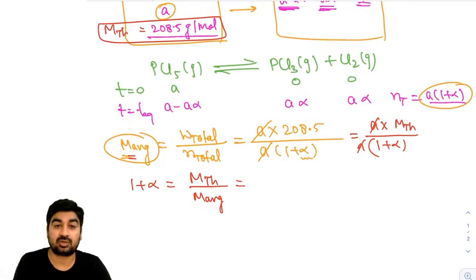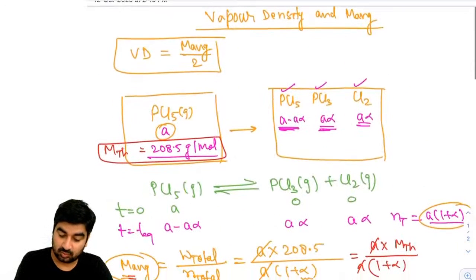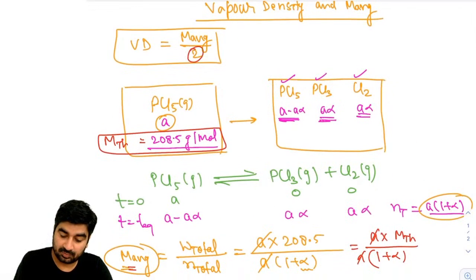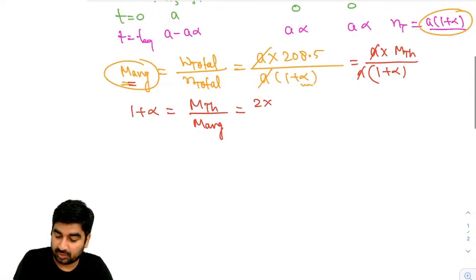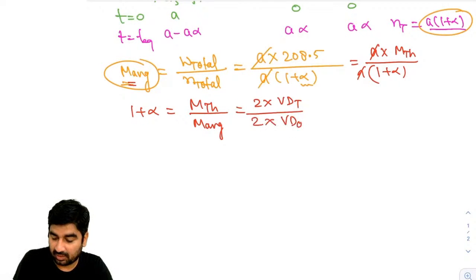What will be the theoretical molar mass? I told you that 2 into vapor density will give you the molar mass. So it is 2 into theoretical vapor density over 2 into actual vapor density. Not average, I should call it actual vapor density.